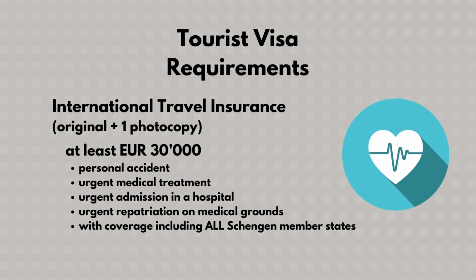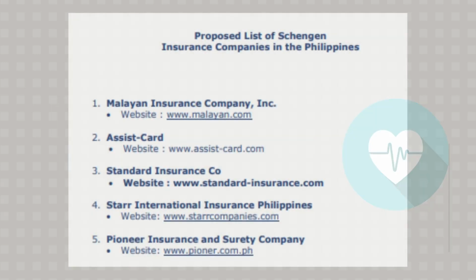Aside from that, he also needs to supply the original copy and a photocopy of the international travel insurance with at least 30,000 euro. So it must specifically say that it covers COVID-19 and it covers the following: personal accident, urgent medical treatment, urgent admission in a hospital, urgent repatriation on medical grounds, and it covers all the Schengen member states, even if he will not be traveling to the other member states.